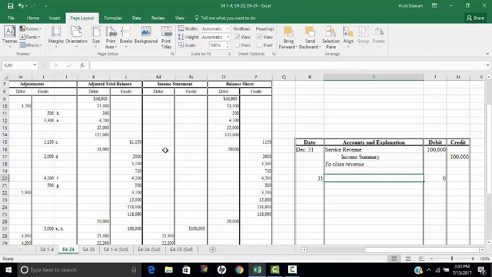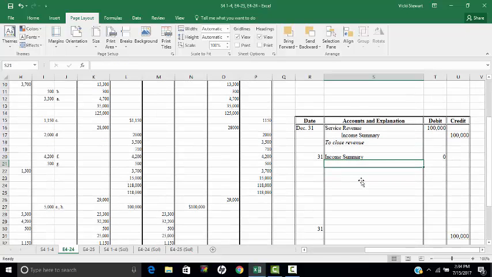Our expenses always have a debit balance, so in order to close those, we're going to credit all of our expenses and we're going to debit income summary for the total of all of our expenses. So we just start listing all of our expenses and their balances as they're shown in the worksheet. So we start with rent expense.